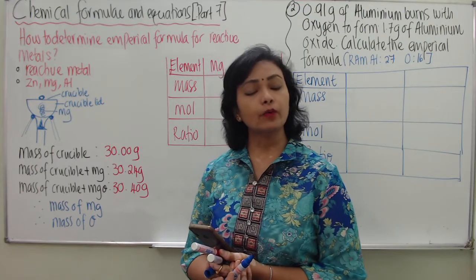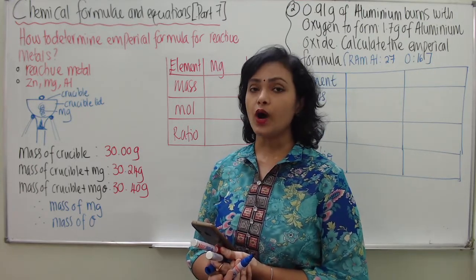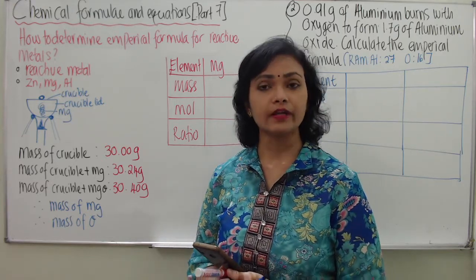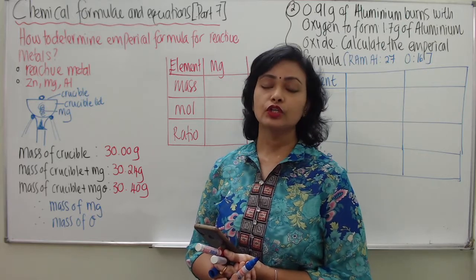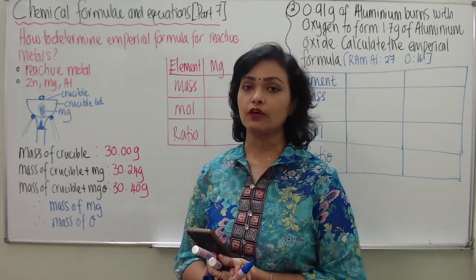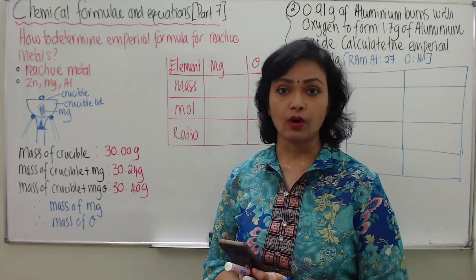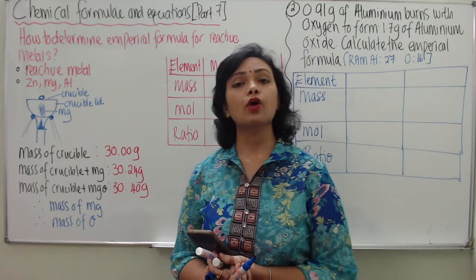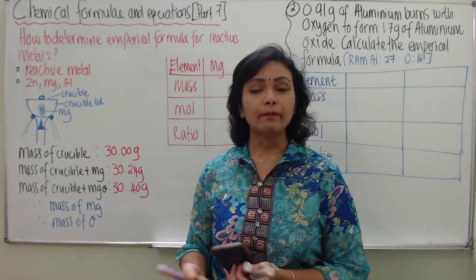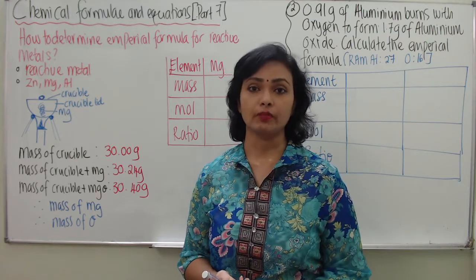Please remember the procedure is important, because this subtopic of empirical formula is very important. I am not here to discuss the procedure, or else our video will be very long. Here teacher will concentrate on how to determine the empirical formula and the calculation.